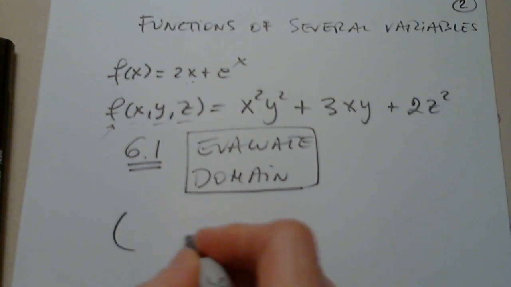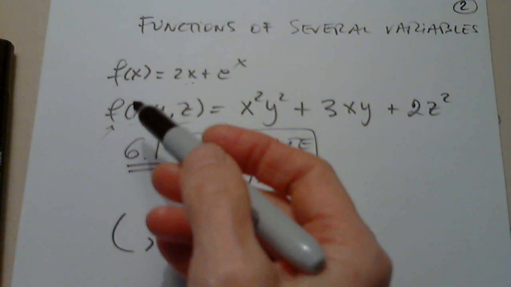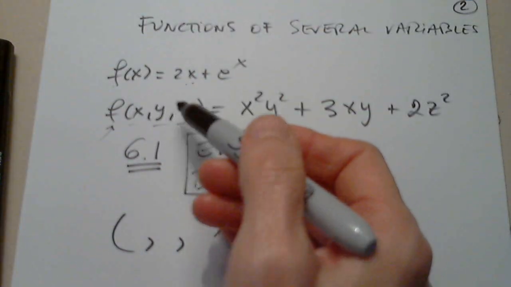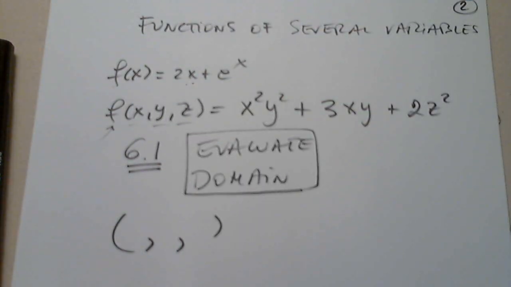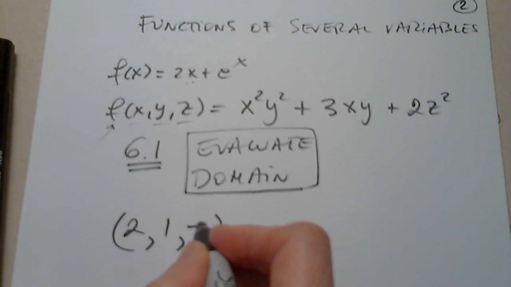Let's say, can anyone give us a triple? A triple meaning a value for x, a value for y, and a value for z. So we can plug it in. Unfortunately, you cannot use a calculator on this. Okay, I'm going to say 2, 1, and negative 3.